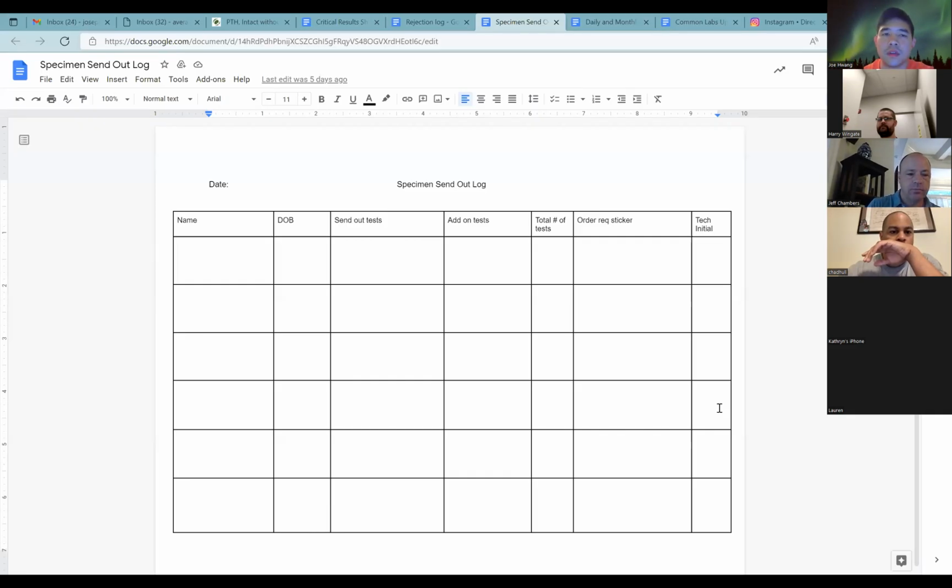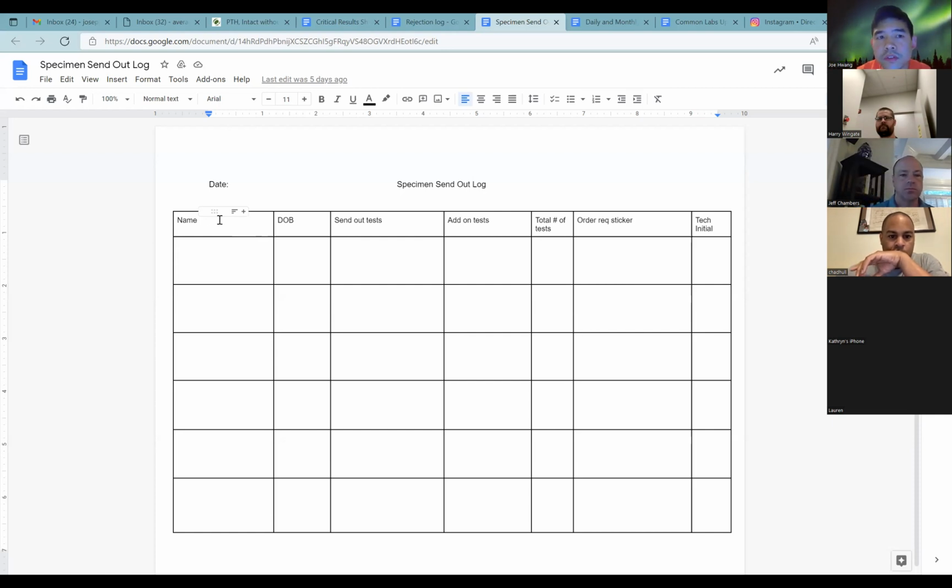Okay. So this send out log should be at all the clinics. I've heard from multiple MAs that it is double the work for you guys to order it on lab interface and then come back in and fill this log out. So to get everybody on the same page, all the providers will be the ones that are going to fill out these first 4 columns.